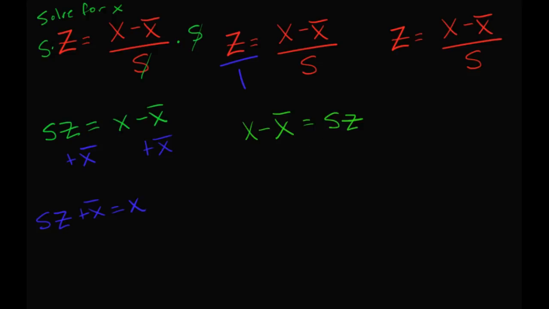Then the last step would be to add x bar to both sides, and we get x is equal to sz plus x bar, which is exactly the same as this answer here. So this equation can be solved two different ways. Essentially, though, we end up with the same equation and the same solution.